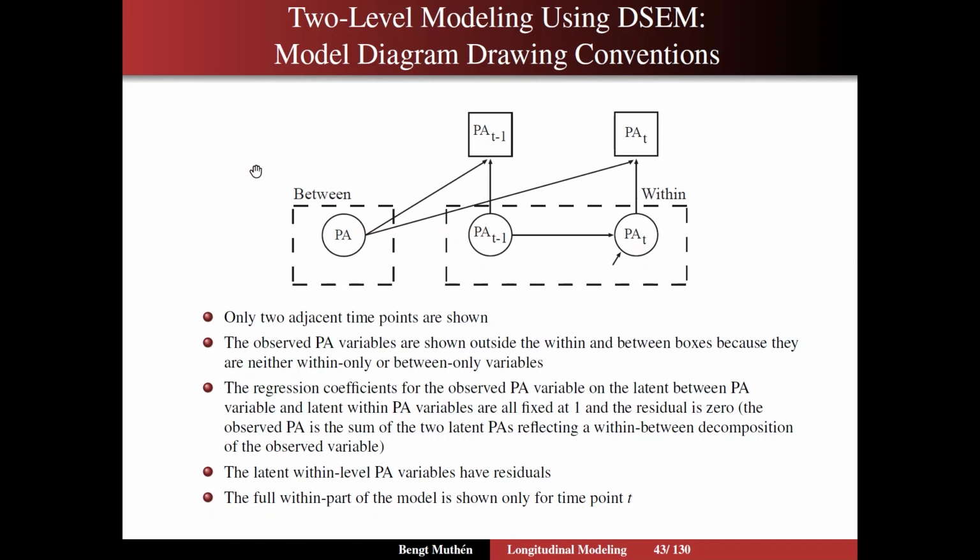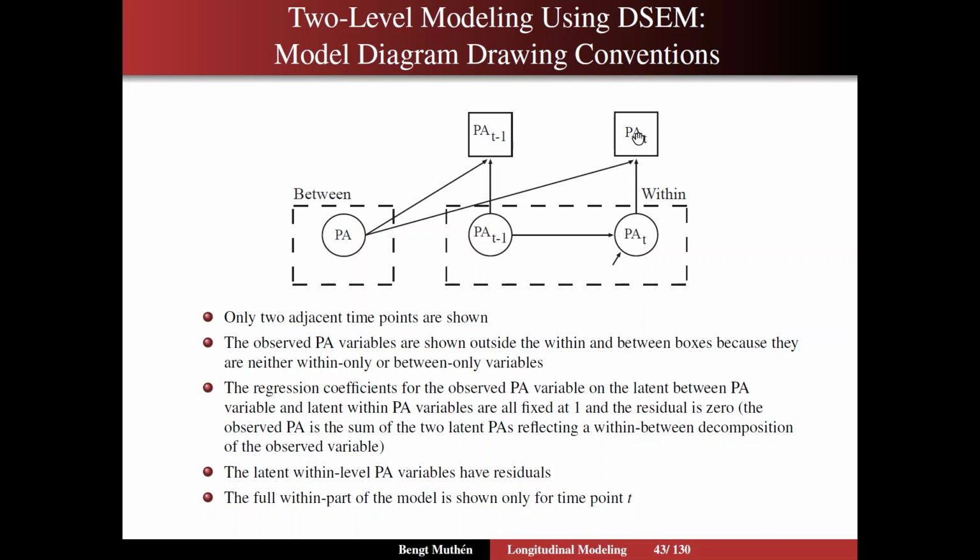coefficient 1. And also the residuals are 0 for the observed variables, which means that the observed variable is the sum of the 2 latent variables, reflecting the within-between decomposition of the observed variable.